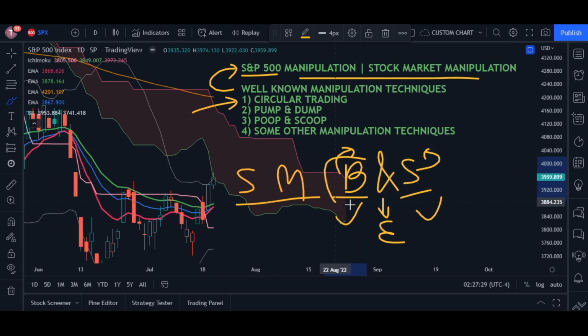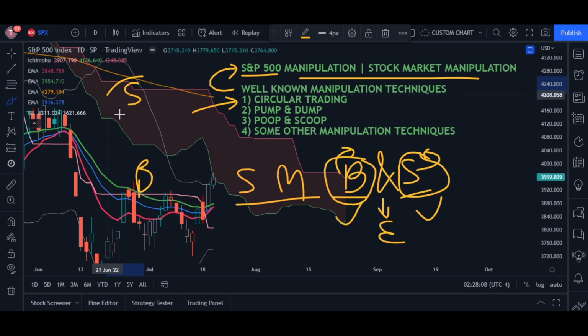I told you that we have buyers and we have sellers. Circular trading means that there will be a buyer and a seller. The buyer will buy and the seller will sell. In this case, these buyers and sellers are either friends or business partners, or they know each other, and they have a deal.